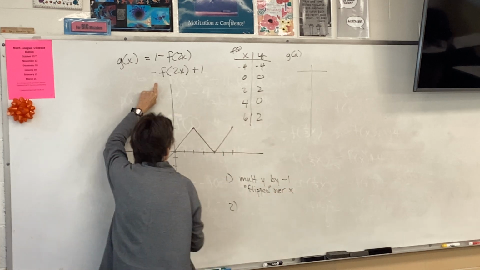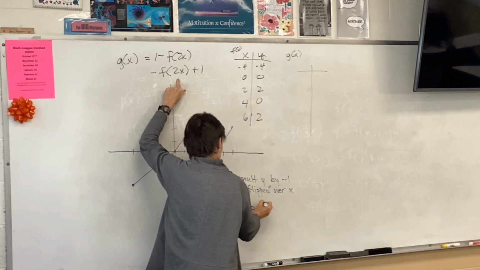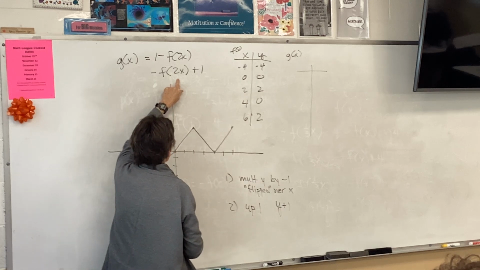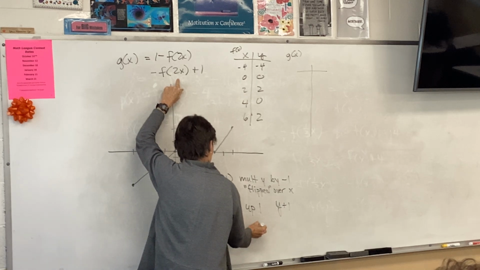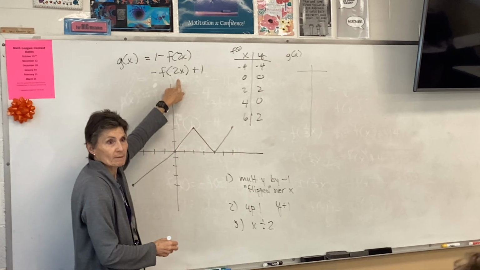Okay, what else did we do? You added one, so you want up one. Up 1, so y plus 1, we added 1 to the y's. The x's are divided by 2, or multiplied by half.